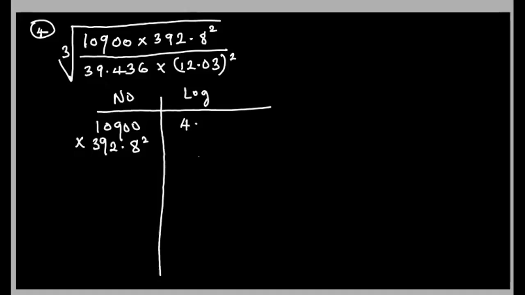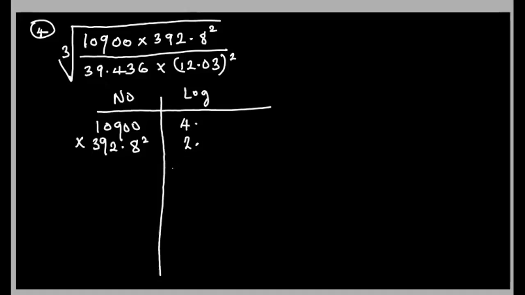Let's look at the next number here, 392.8, and the whole number here is just 392. So it has 3 digits. We do a minus 1 there. 3 digits minus 1 leaves us with 2, and we have 2 point something there.